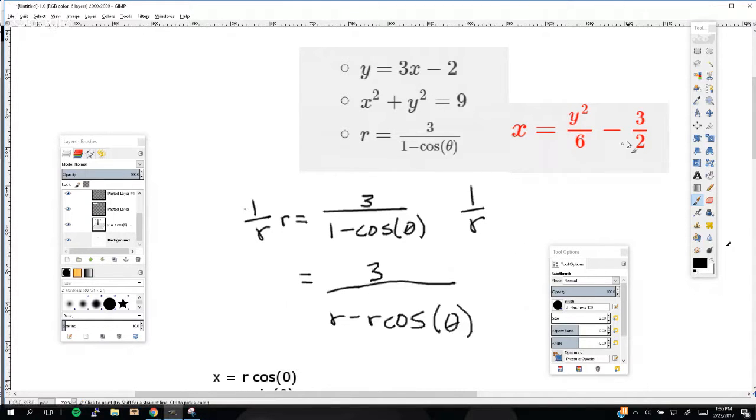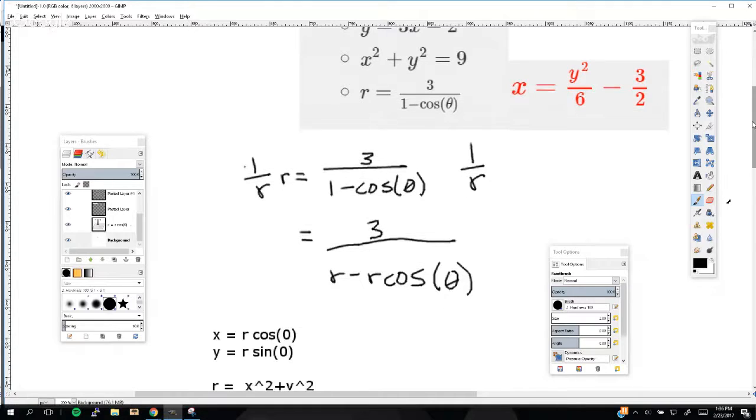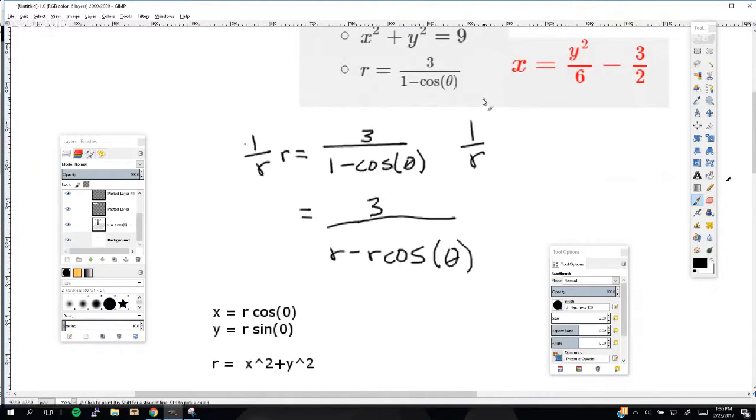I feel like that's wrong. If we times something by 1 over r, does it affect the denominator? Or am I doing something wrong?